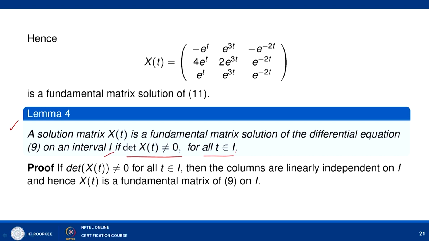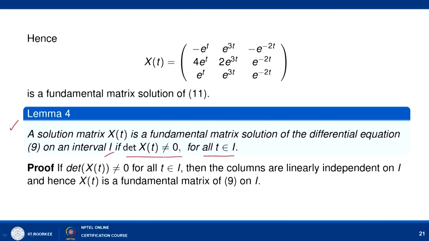The difference between a solution matrix and a fundamental matrix solution is that in a solution matrix the columns are n solutions of x' = Ax, which may not be linearly independent, but in a fundamental matrix solution the column vectors, which are solutions of x' = Ax, have to be linearly independent.